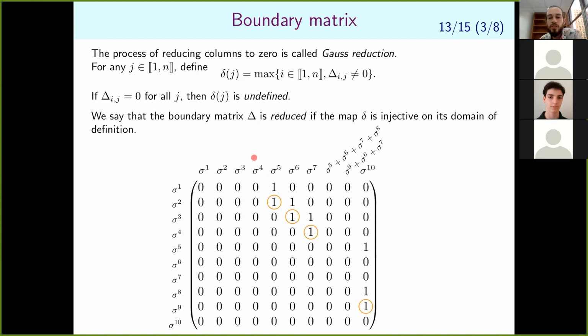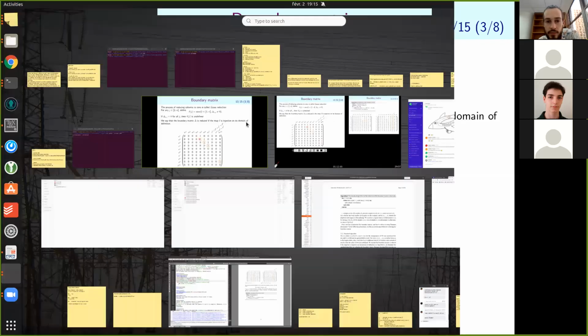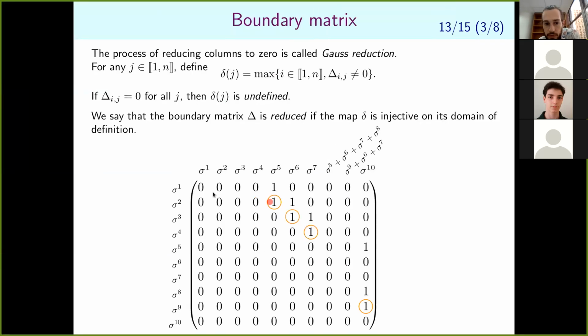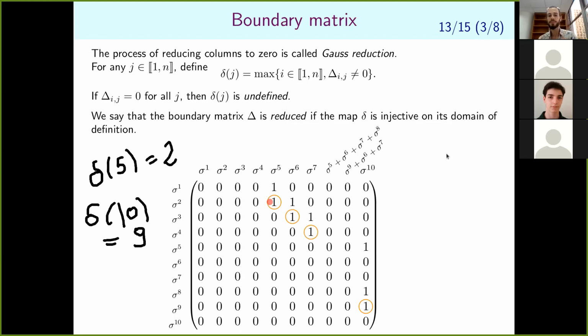Okay? For example, if I take j equals 5, delta 5 is 2. Also, delta 10 is 9. Okay.